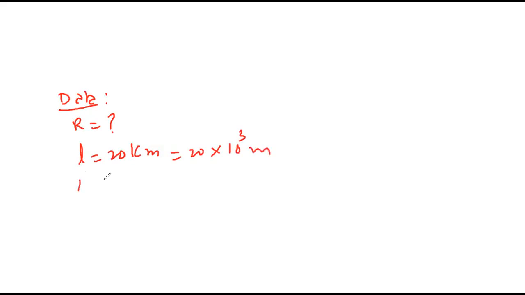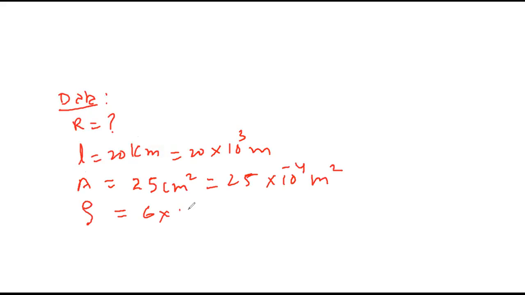What is the area given? Area of cross section? 25 centimeter square. That means 25 into 10 raised to minus 4 meter square. What is specific resistance rho given? 6 into 10 raised to minus 8 ohm meter. Formula for resistance is rho L by A.